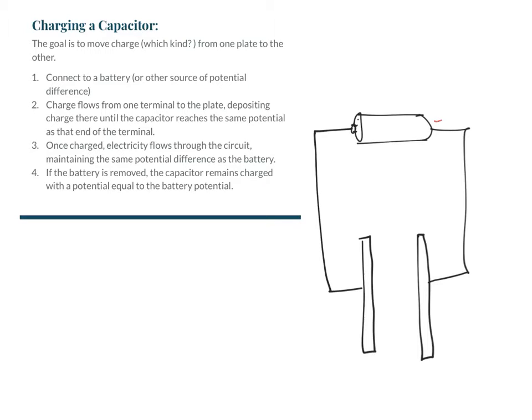So from one terminal, electrons are going to start flowing around onto this plate, and because it's a conducting plate, it's going to fill up with some extra electrons because the charge spreads out evenly over a conductor.